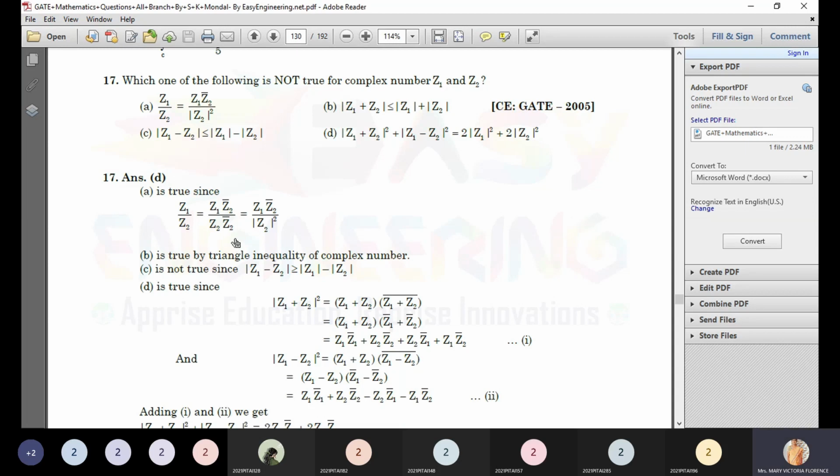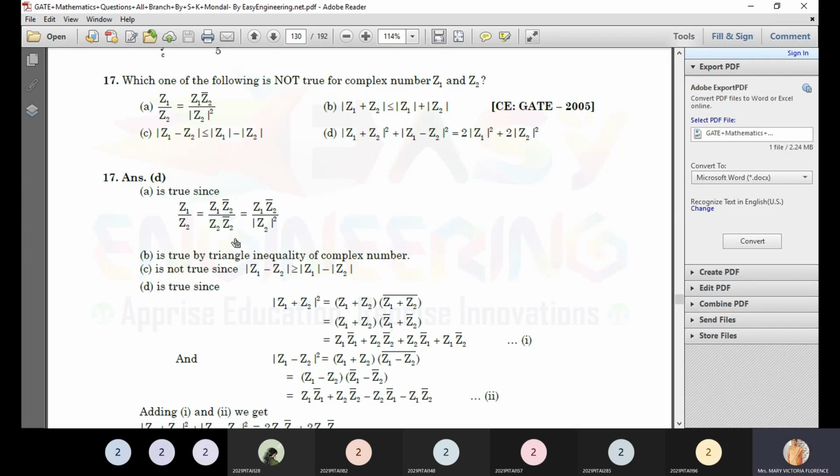B option is mod z1 plus z2 less than or equal to mod z1 plus mod z2. It is the triangle inequality law. Therefore, it is true. Third option, mod z1 minus z2 less than or equal to mod z1 minus mod z2.